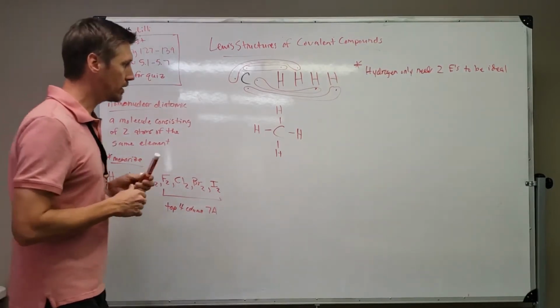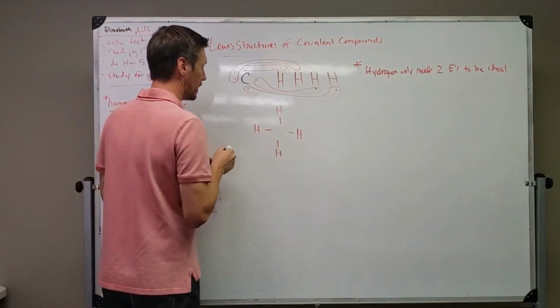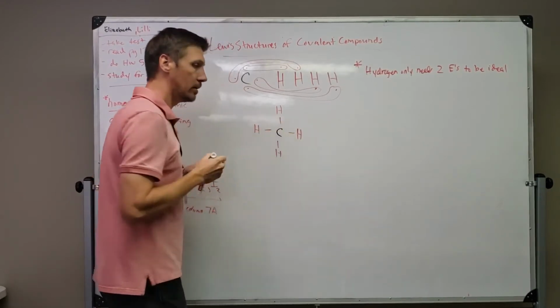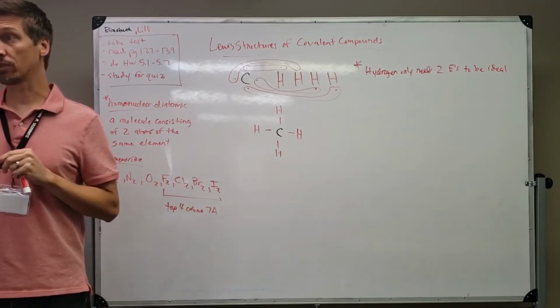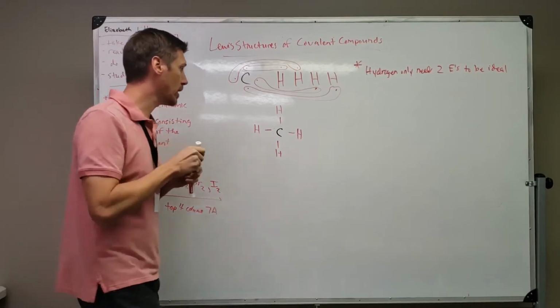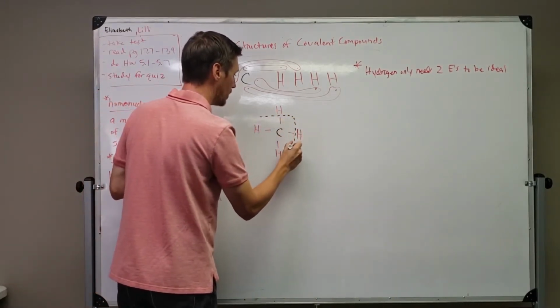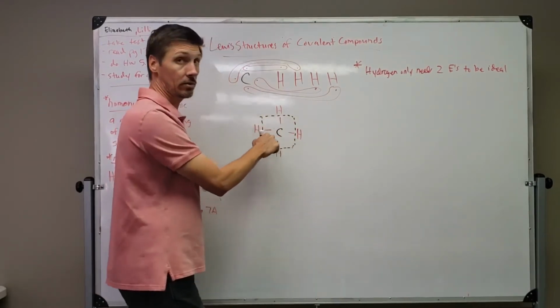And so if you think about this from the standpoint of, I'm going to draw carbon again in the middle here. If you remember that a line represents a shared pair of electrons, when you're counting electrons, always count a line as 2, right? One line is 2. So if we put a dotted line around all of the lines that are around carbon, 2, 4, 6, 8, so carbon is ideal.